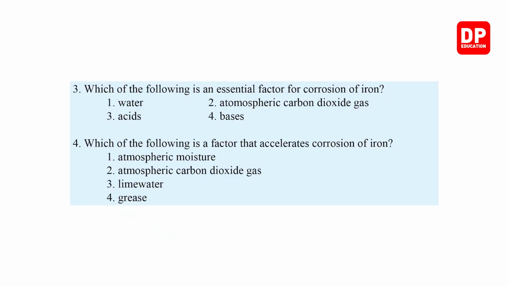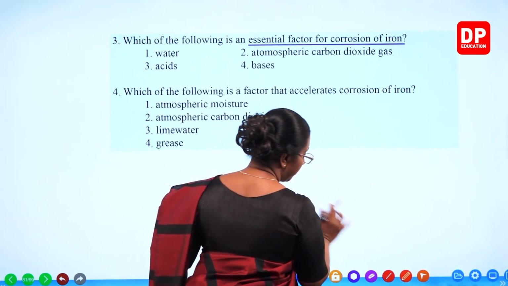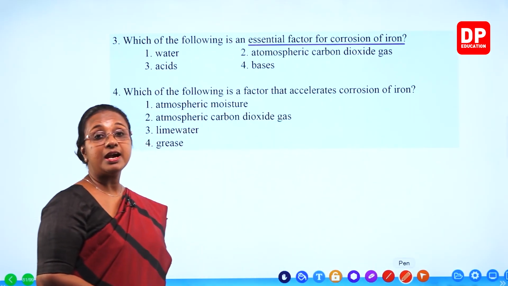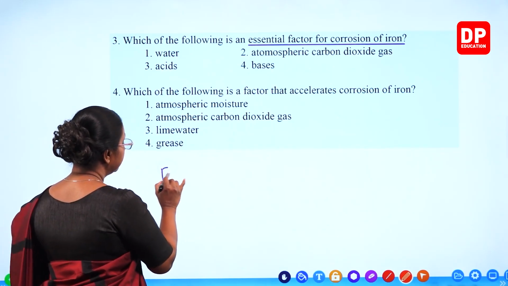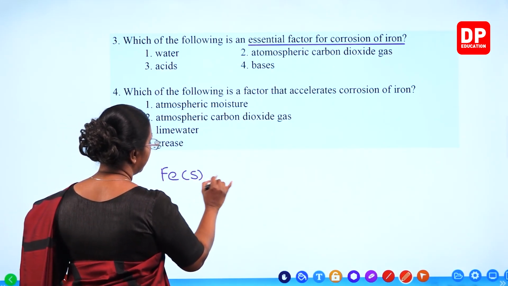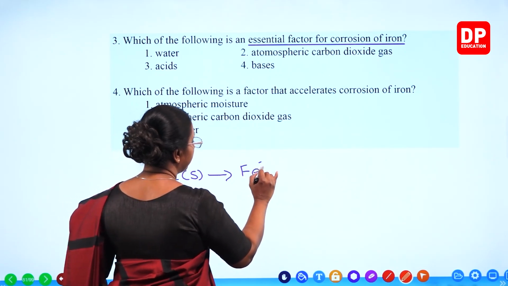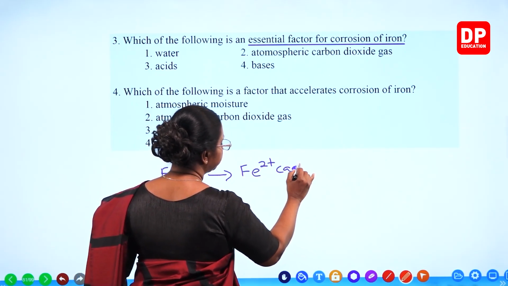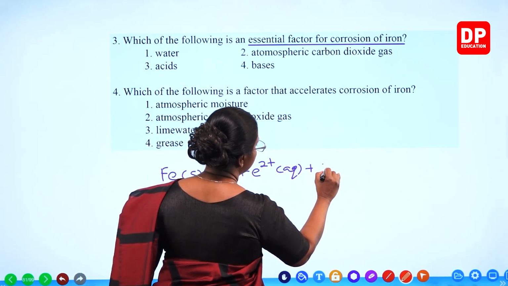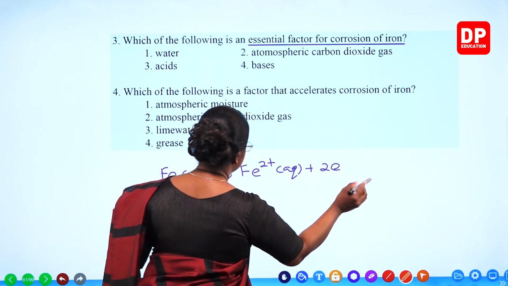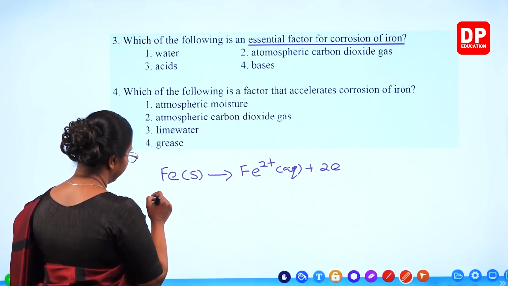Question number 3. Which of the following is an essential factor for corrosion of iron? When you say corrosion of iron, recall the reaction, students. Iron will undergo oxidation forming Fe2 plus aqueous and losing 2 electrons. This is oxidation, the anodic reaction.